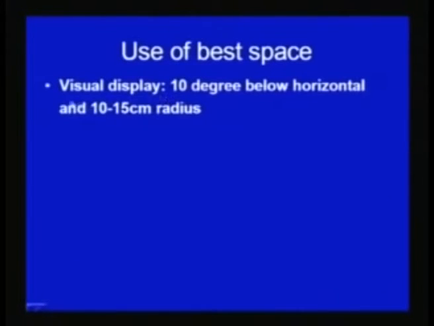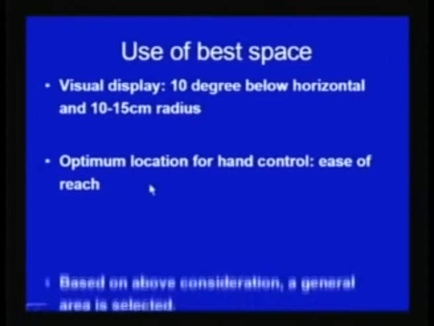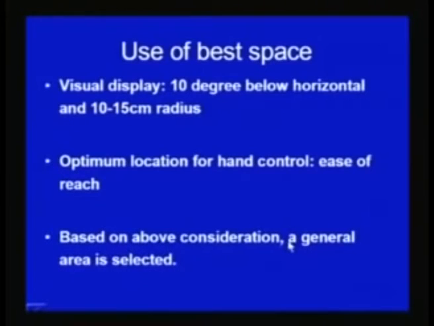In general, there are some points which help to find the best possible space for locating the control devices. Visual display should be located 10 degrees below the horizontal of the human sight level, at a 10 to 15 centimeter radius. The optimum location for hand control should be within easy reach of the hand, and based on the above considerations a general area is selected.